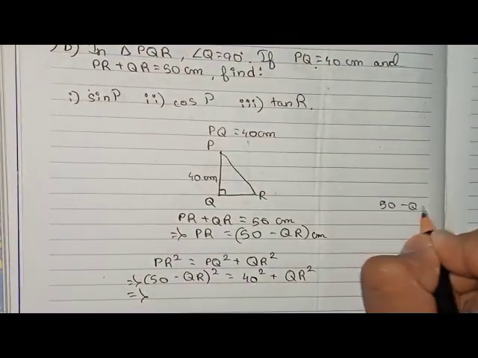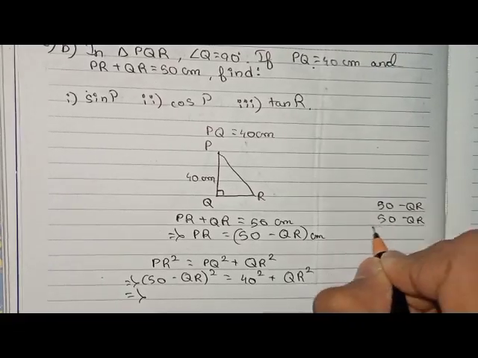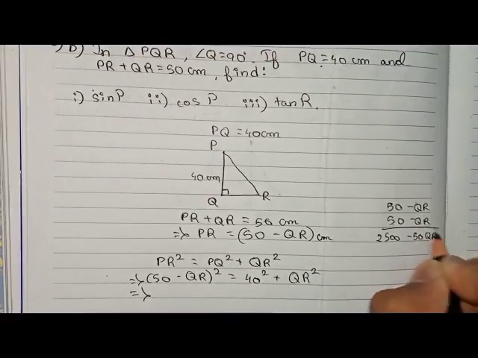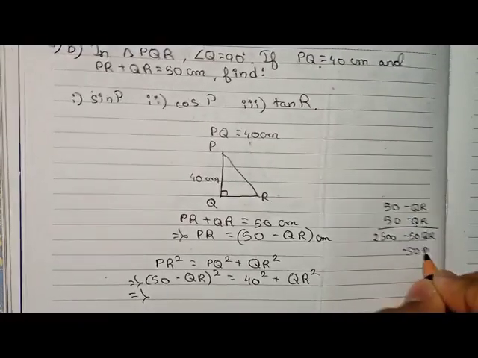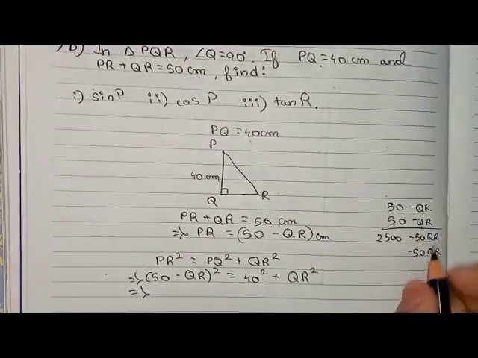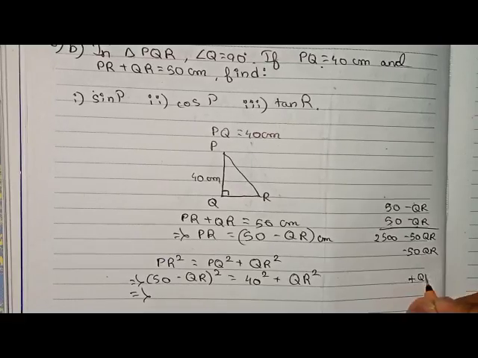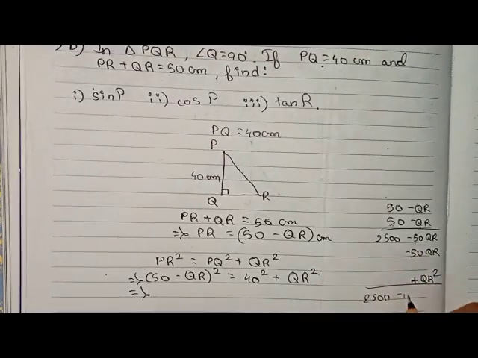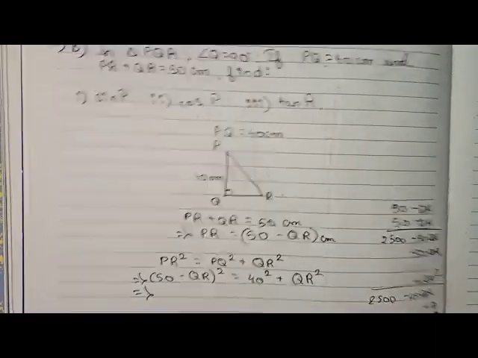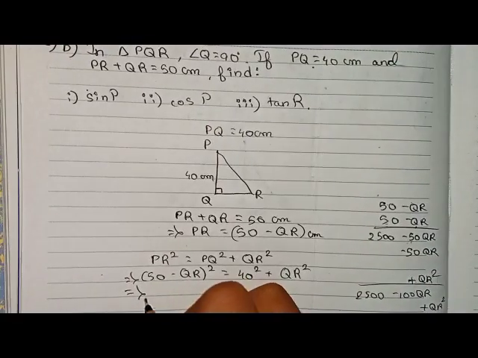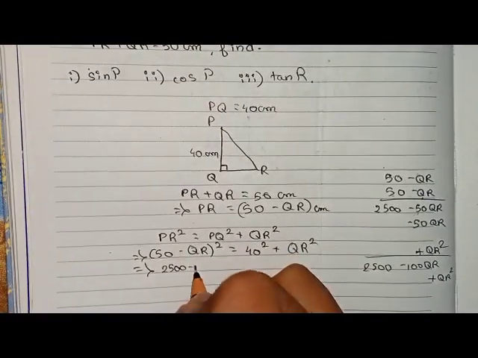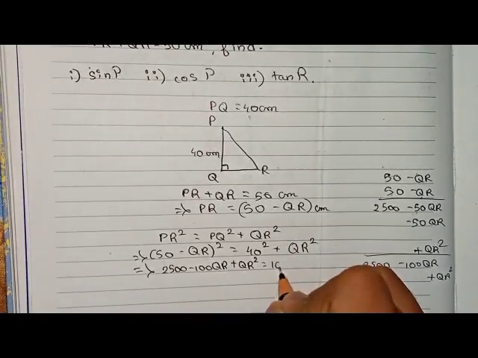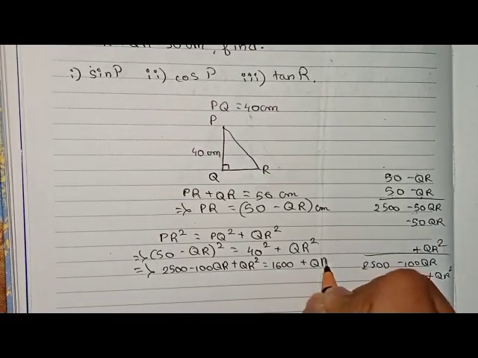We expand this: 50 minus QR times 50 minus QR. 50 into 50, 2500, minus 50 QR, minus QR into 50, minus 50 QR, and minus QR into minus QR, plus QR square. So 2500 minus 100 QR plus QR square. Now 40 square is 1600 plus QR square.